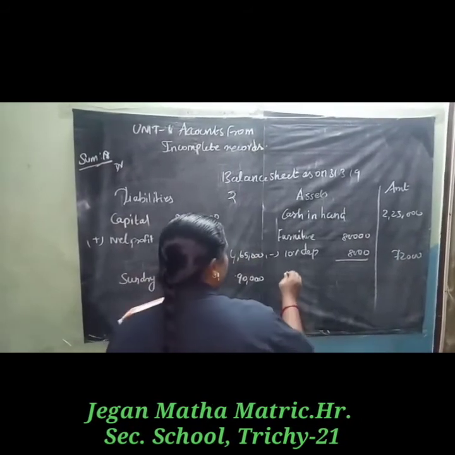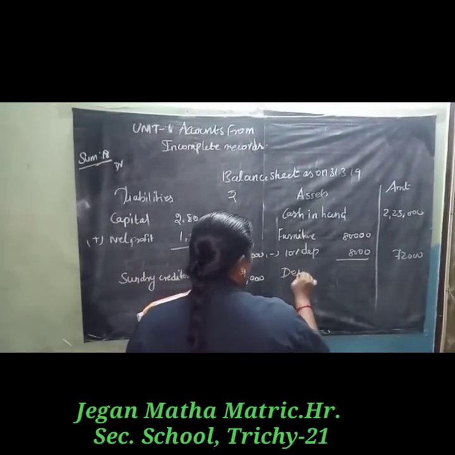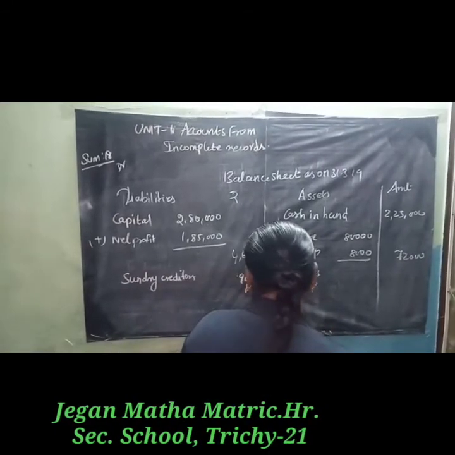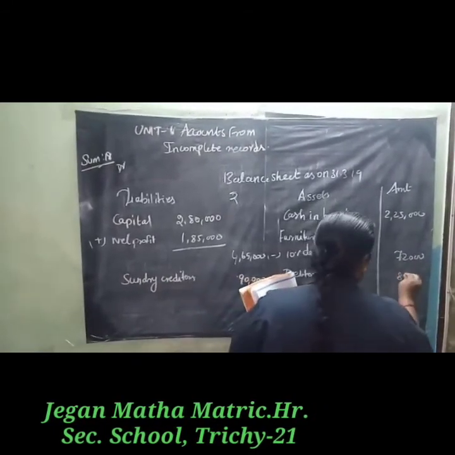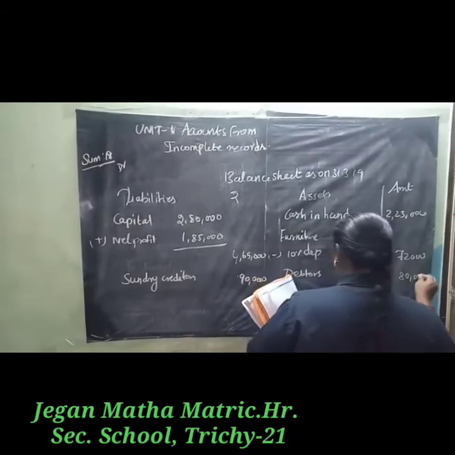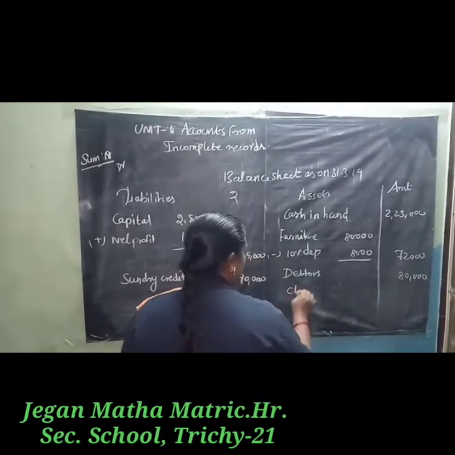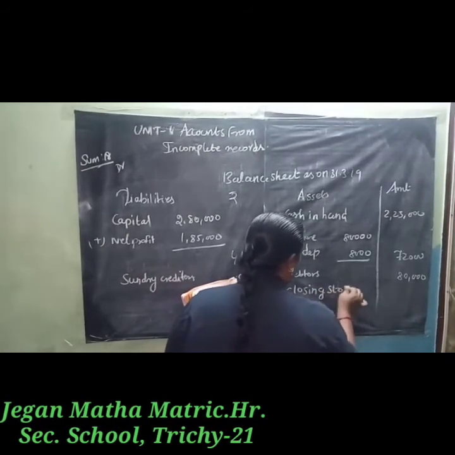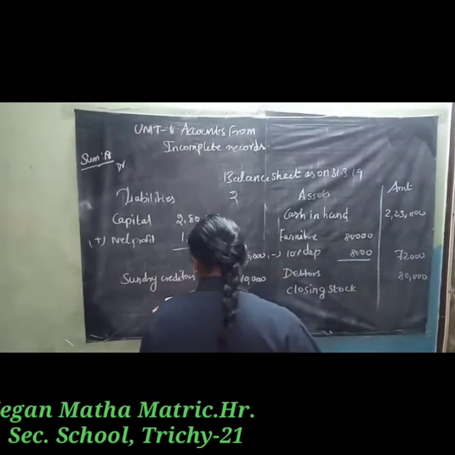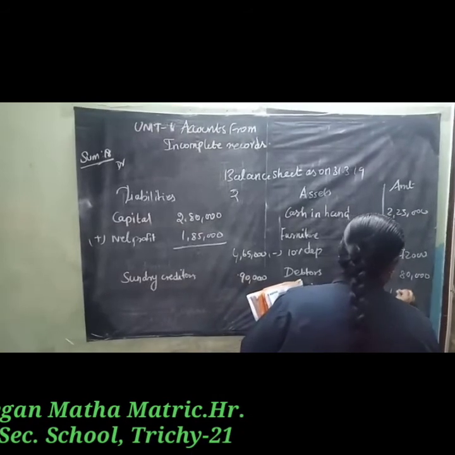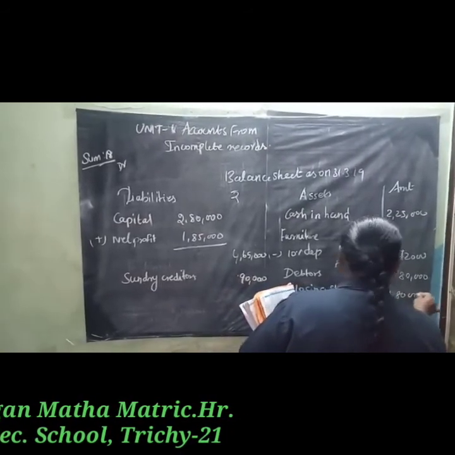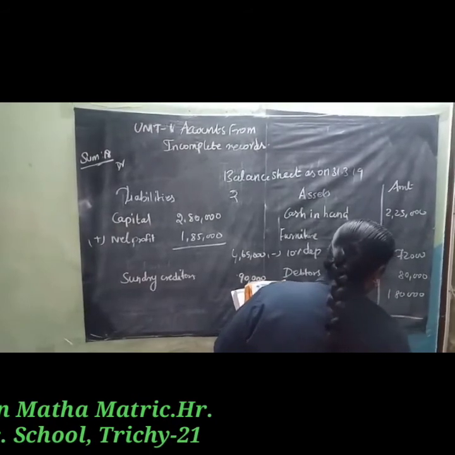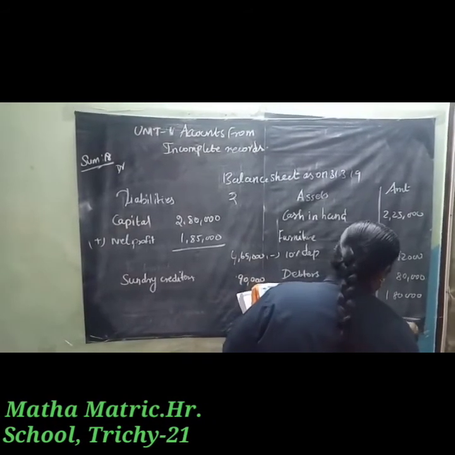Next, debtors. We found the closing debtors amount, 80,000. Finally, closing stock, 1,80,000. Both side totals are 5,55,000.